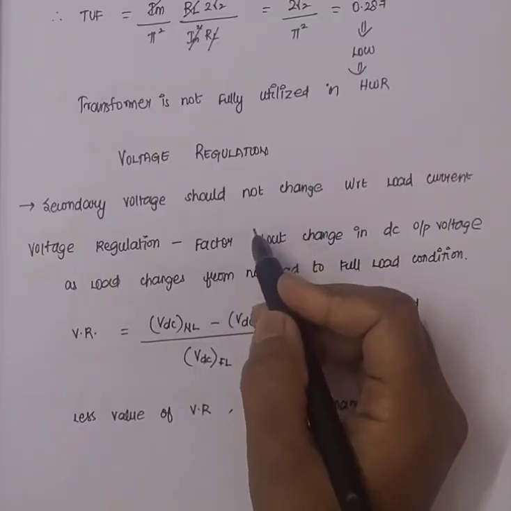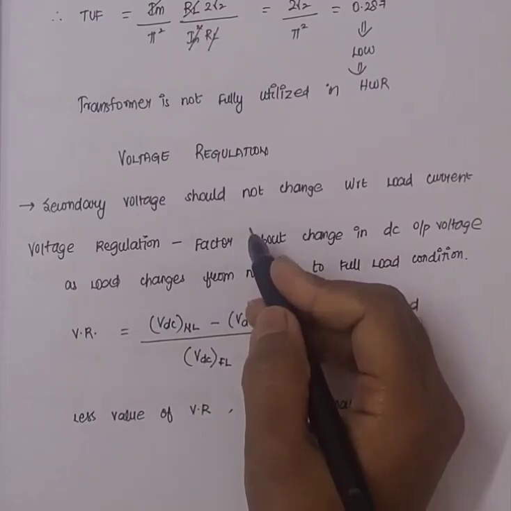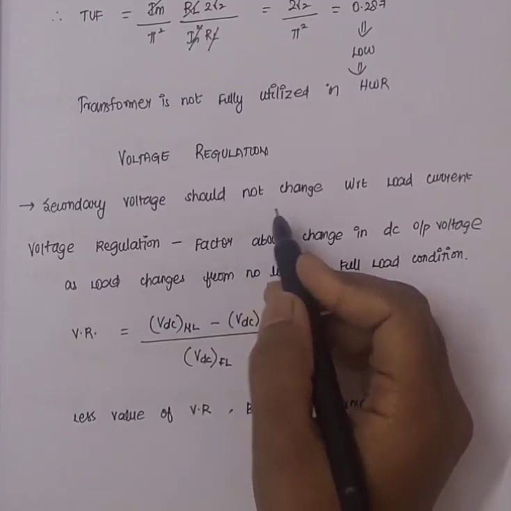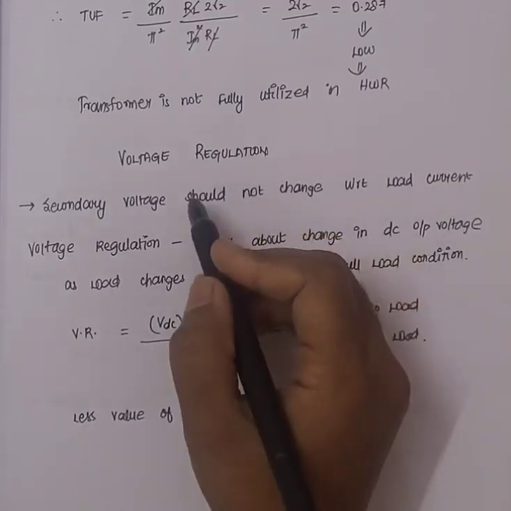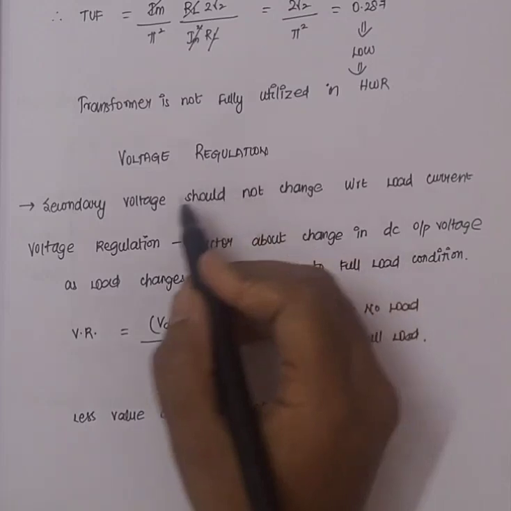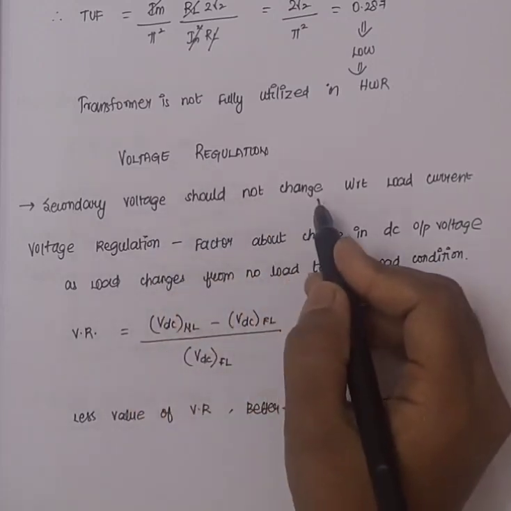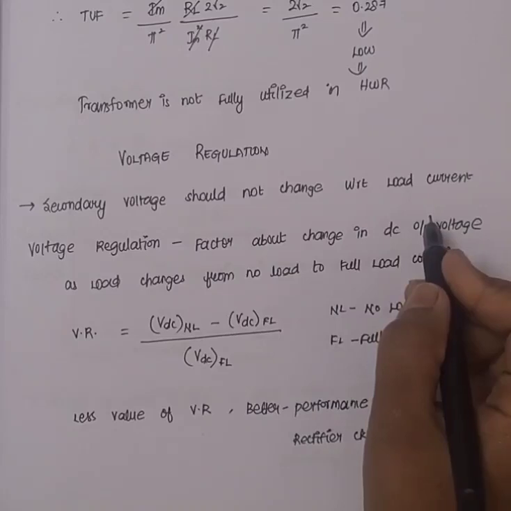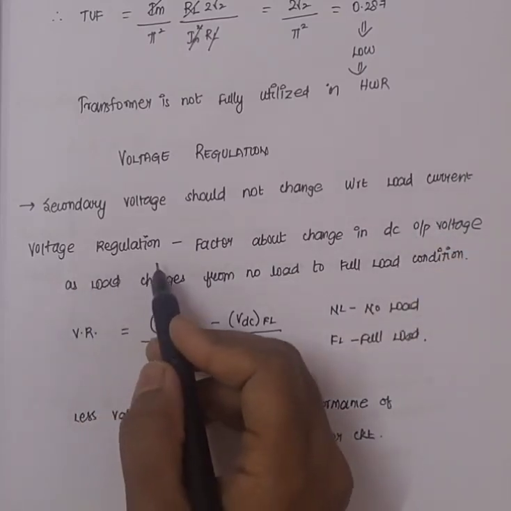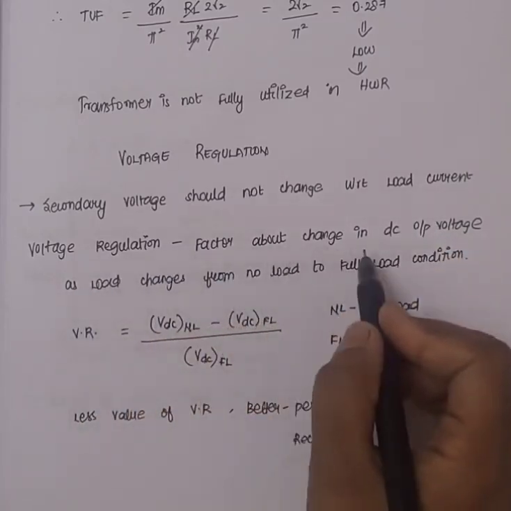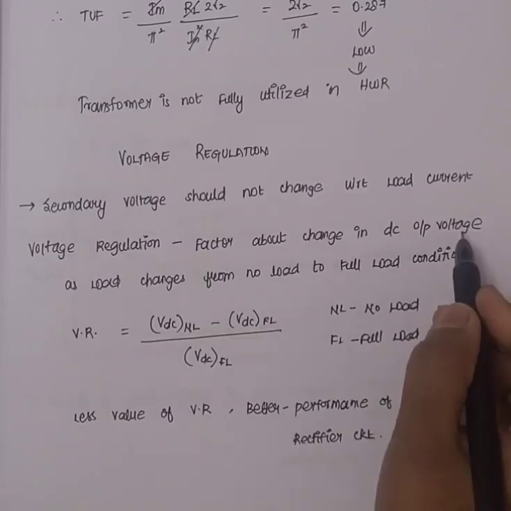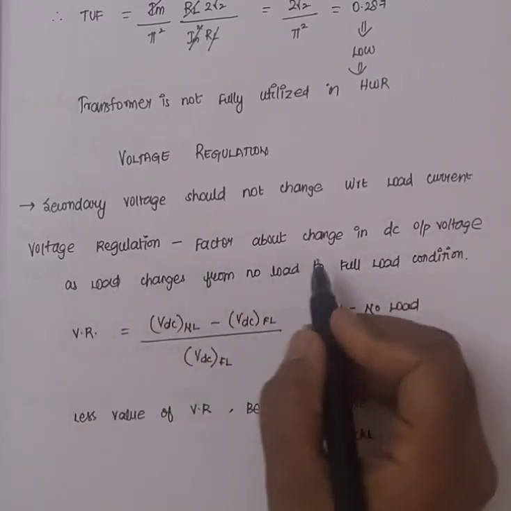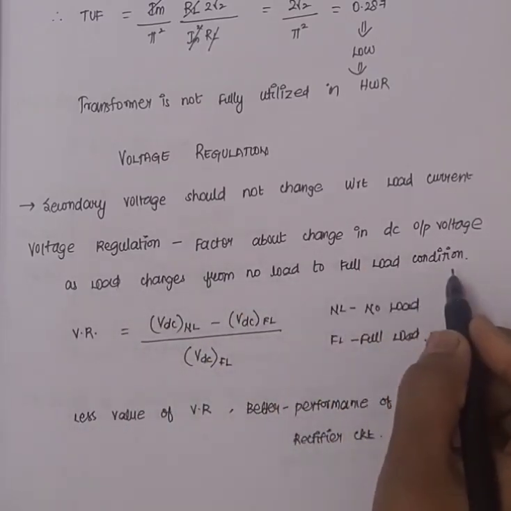So we were seeing about the parameters of rectifier. In that we will see what voltage regulation is. In general, voltage regulation means the secondary voltage should not change with respect to the load current. That is the basic regulation work. Voltage regulation is a factor describing the change in DC output voltage as the load changes from no load to full load condition.